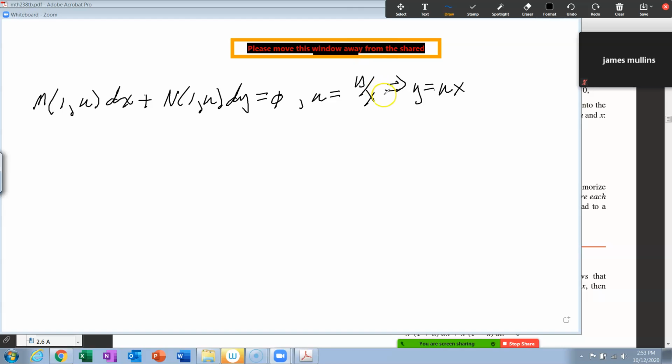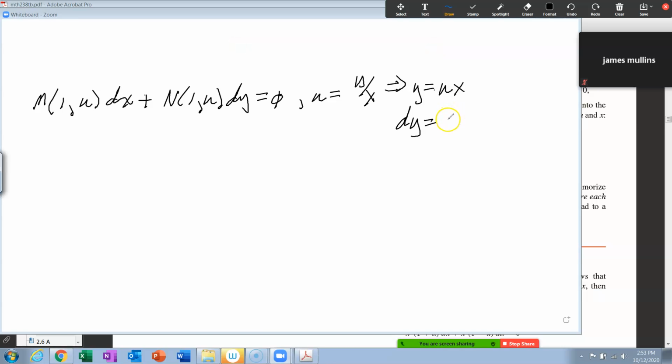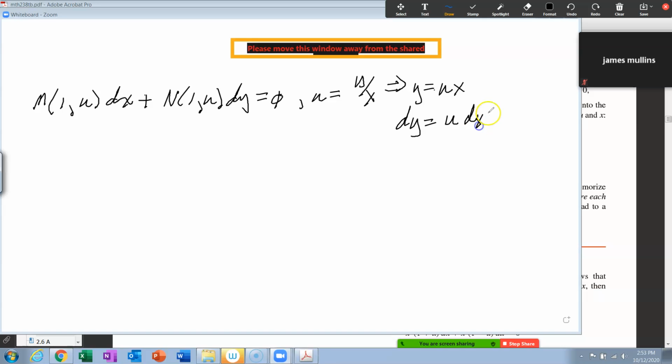Okay, taking this equation, we do a dy is equal to, taking an exact differential of it, u dx plus x du. Now, we're going to substitute this in for this dy here.